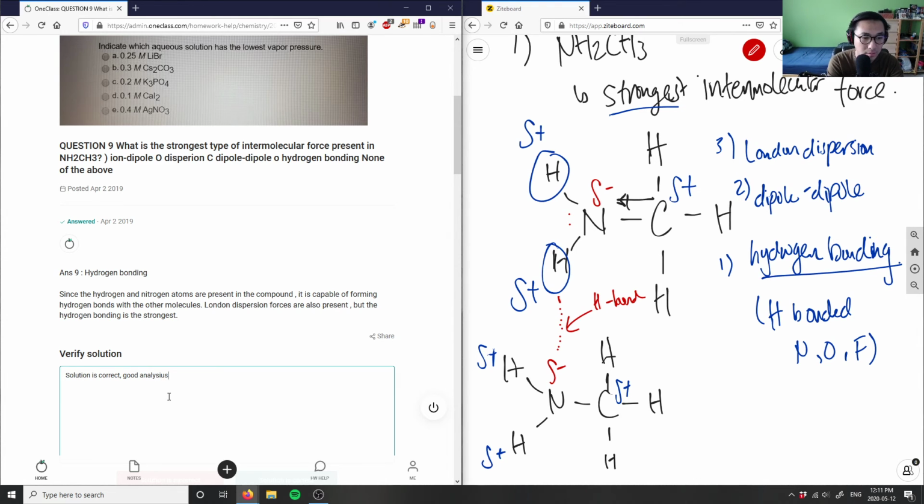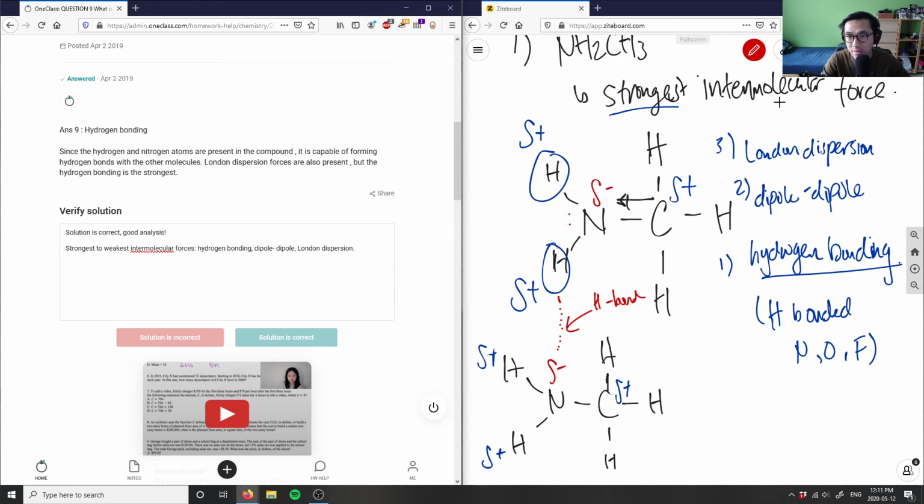Good analysis here. Strongest to weakest, and then I'm going to just expand on their answer here. Intermolecular forces: we have hydrogen bonding first, and then we have dipole-dipole, and finally, London dispersion. So the solution here is correct.